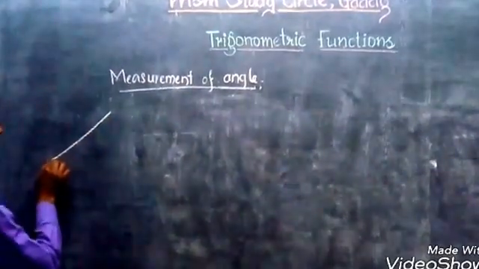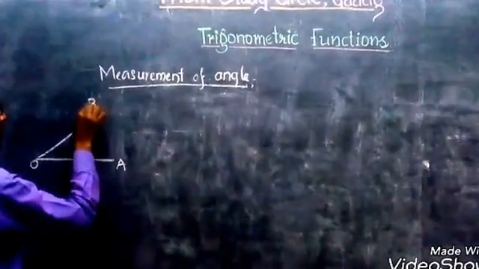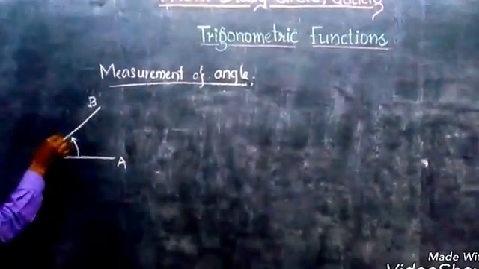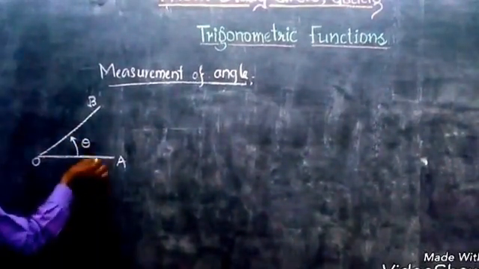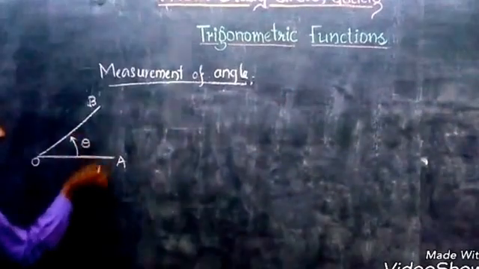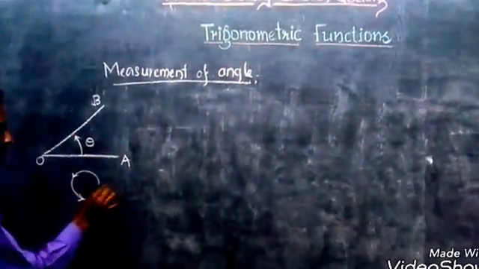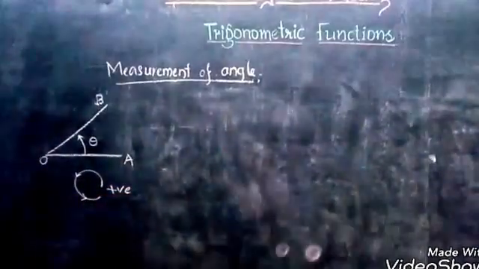When we take any angle, angle AOB, we always denote it like this. In this manner, we measure the angle theta. Usually, the angles which are taken in the anti-clockwise direction are considered to be positive.